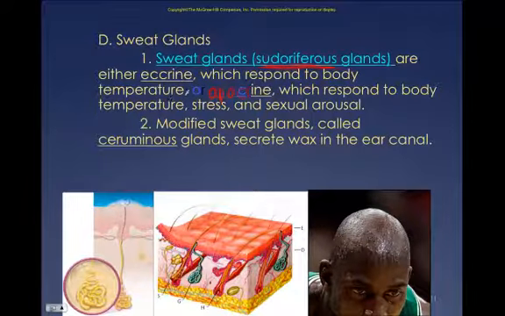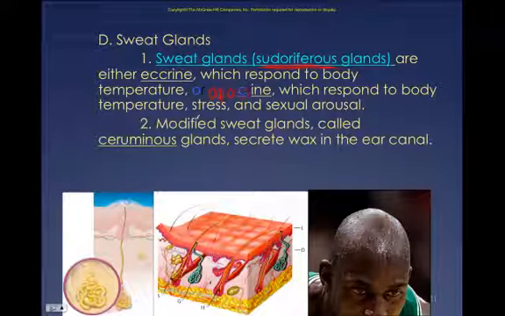Apocrine sweat glands. And your apocrine sweat glands are those lovely sweat glands that respond to things like stress. So for example, you have to give a presentation, you're really nervous, and all of a sudden you notice you're producing quite a bit of sweat in places like your armpits, your axillary region.